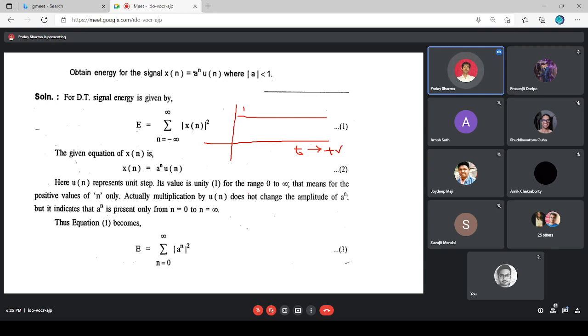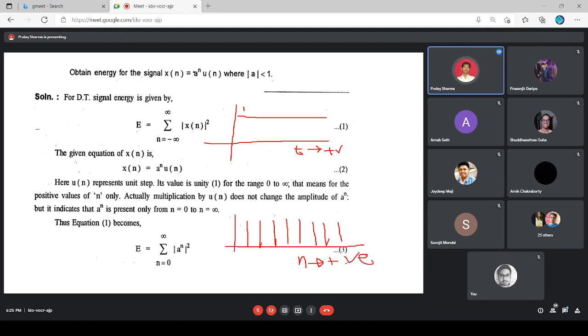Now in our case, the step signal u[n] is a discrete signal, so the discrete sample amplitude is there, but the nature of the signal will be the same. It is defined only for the positive values of n.